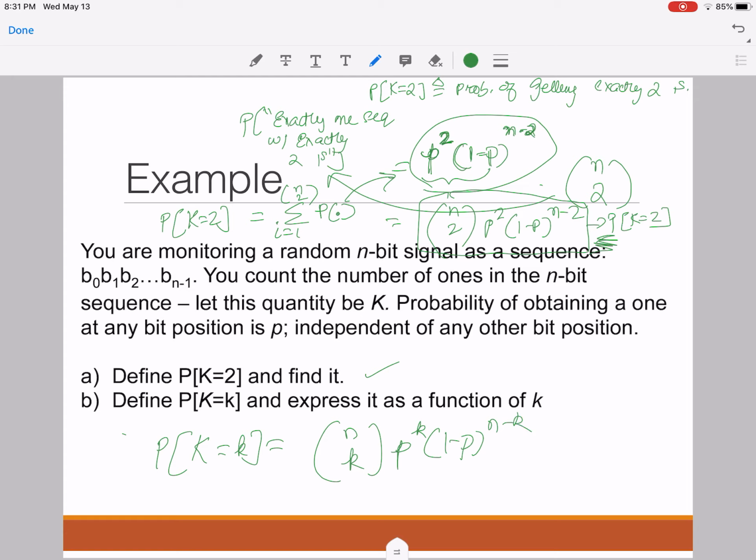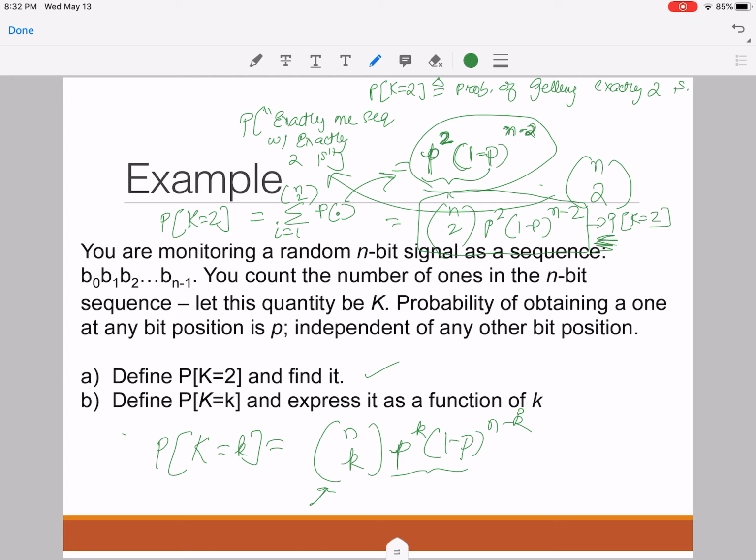One specific sequence with exactly k ones has probability p to the k times 1 minus p to the n minus k. However, there are n choose k such sequences, each with this probability, so the total is n choose k times p to the k times 1 minus p to the n minus k.